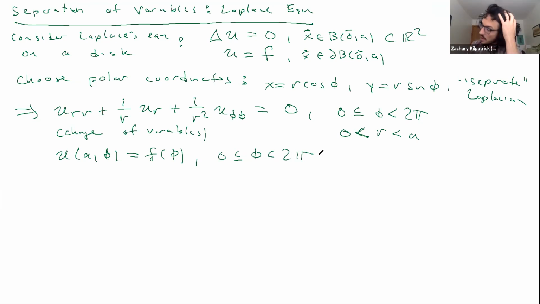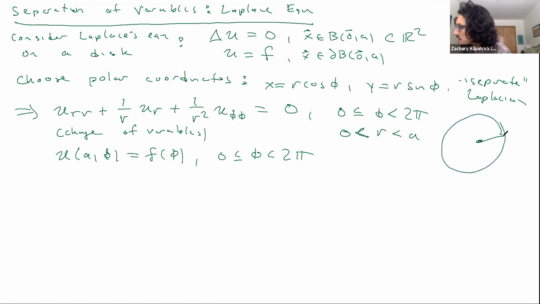Okay. We need one more thing though, right? Because we're kind of leaving the phi coordinates open. And so the last thing we need is periodicity, right? Because as we go around the angular coordinates, so this is r here, this is a, and this is our angular coordinate here, phi.